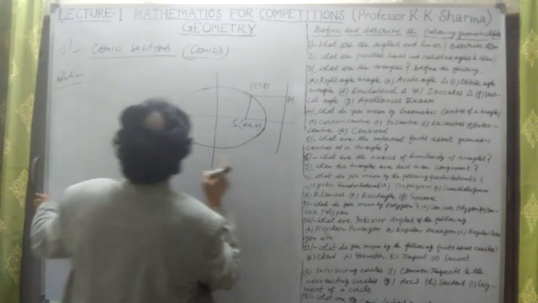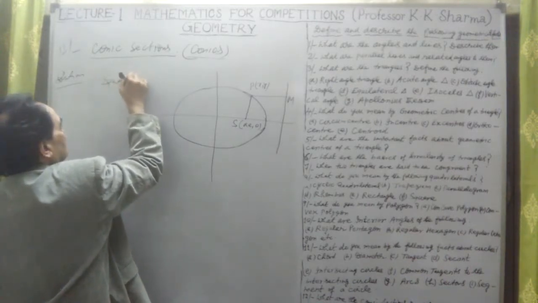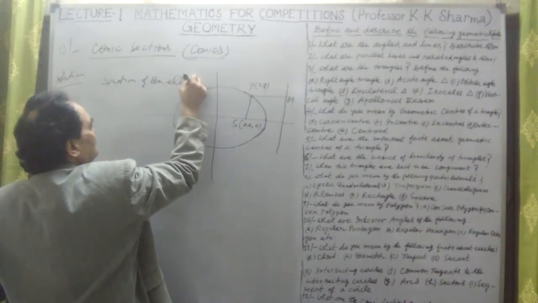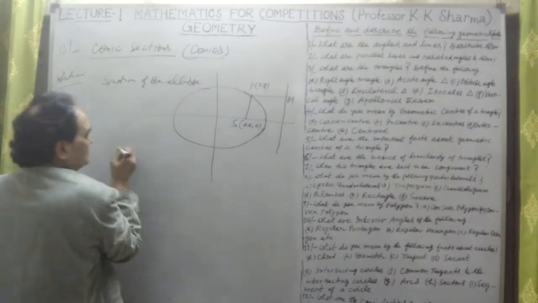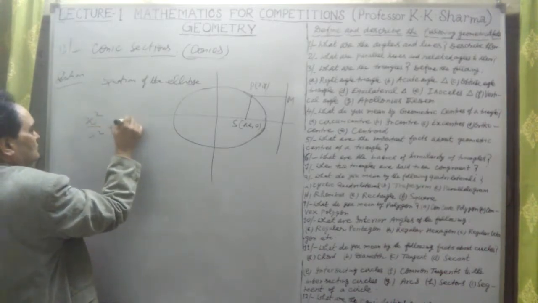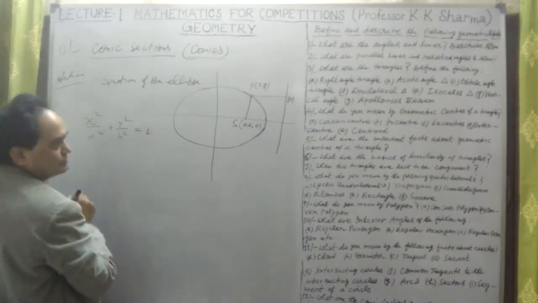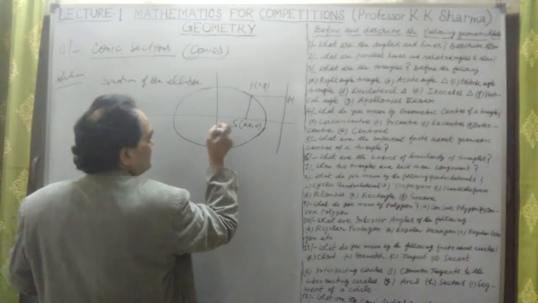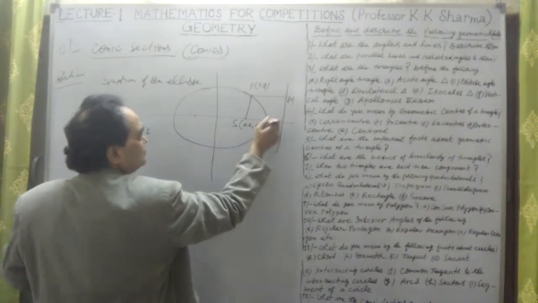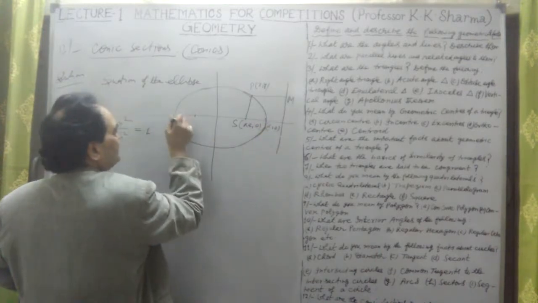The equation of the ellipse is obtained from this. I'm just talking about them in brief. The ellipse is x square upon a square plus y square upon b square is equal to 1. And this is the second focus here. The length of this point is a, 0. This is minus a, 0.